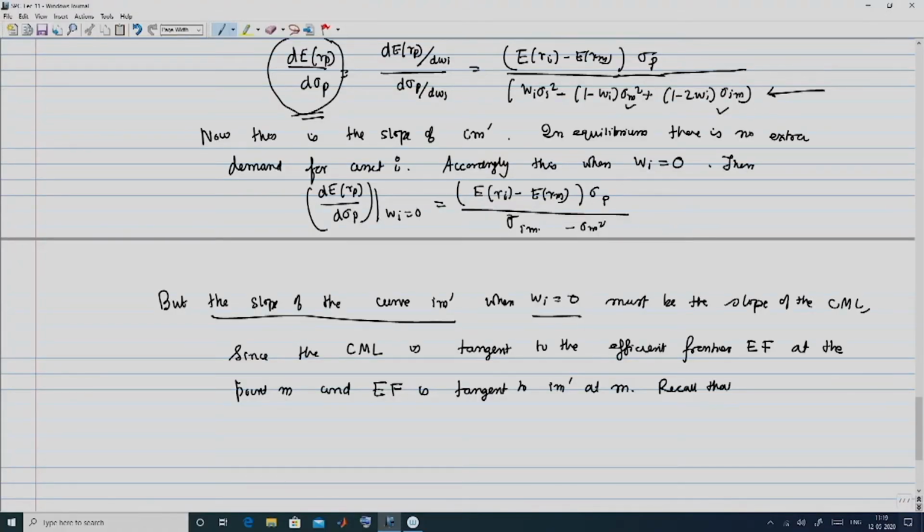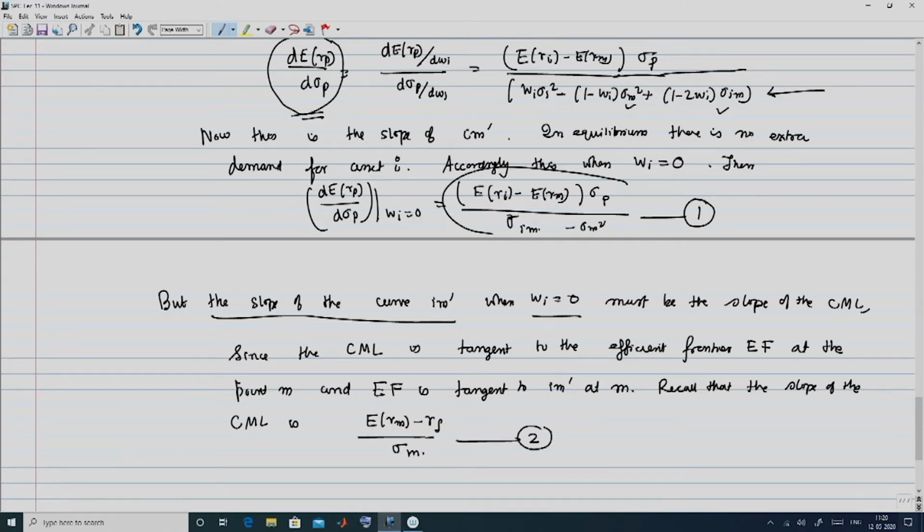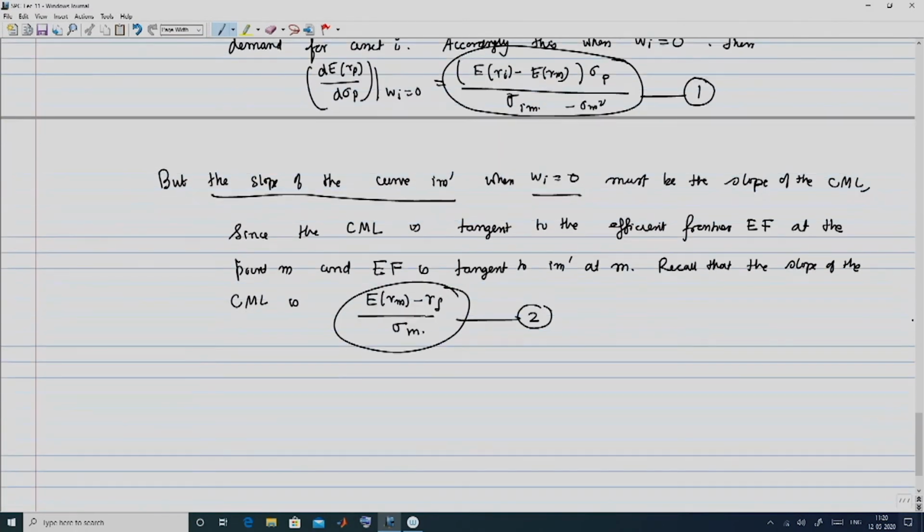Okay, so now that we have made this reconciliation, let us recall what is the slope of the capital market line. The slope of the CML is ERM minus RF over sigma m. I identified the slope at W I equal to 0 as expression 1 and this slope as expression 2.